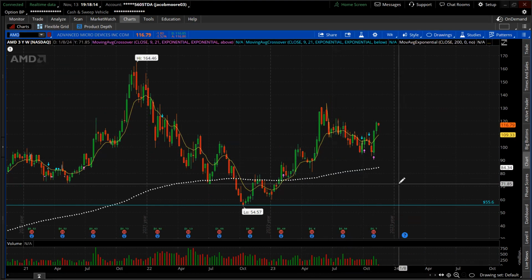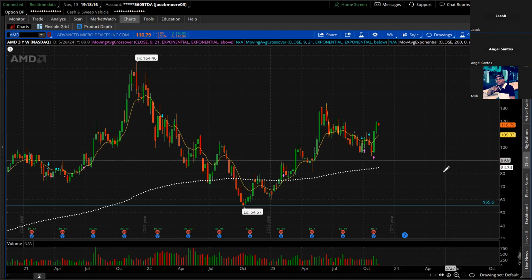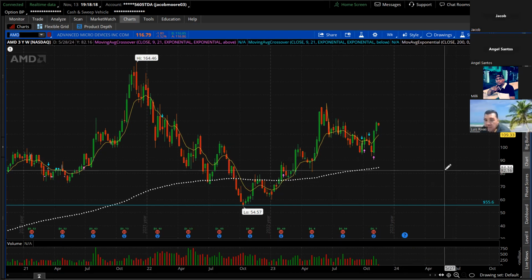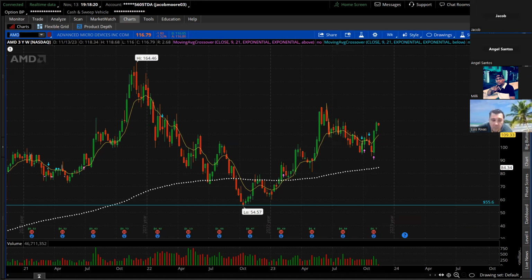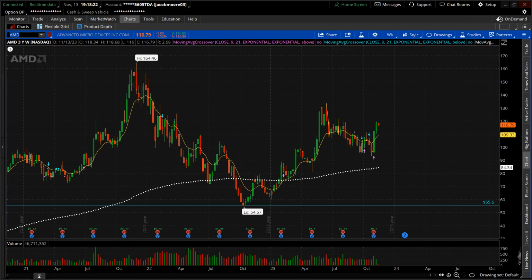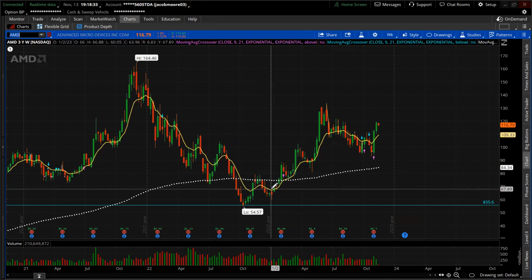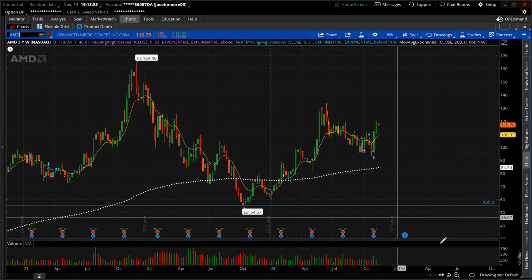Like, why is this clear per se? Not quite. That definitely helps to show where you're going to have some major resistance and or support. But look at the volume.